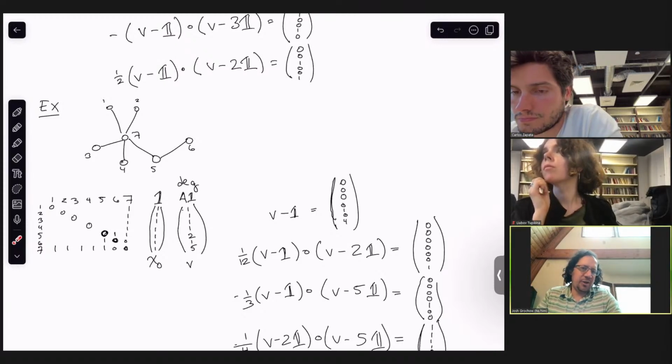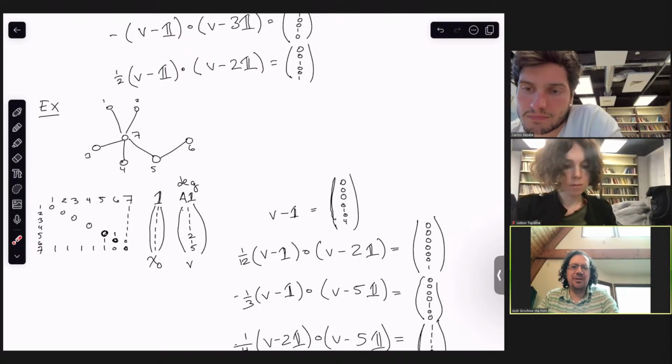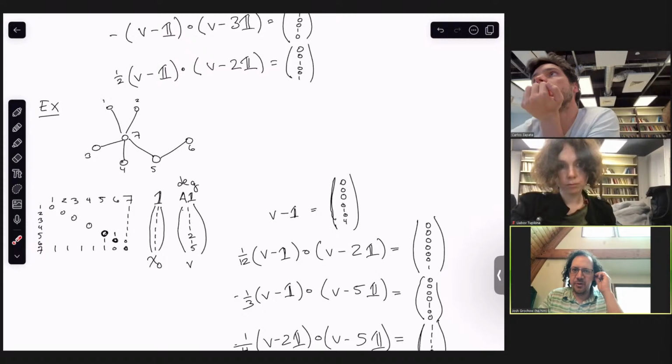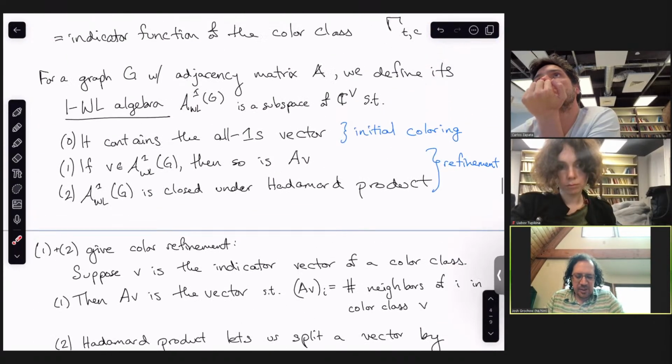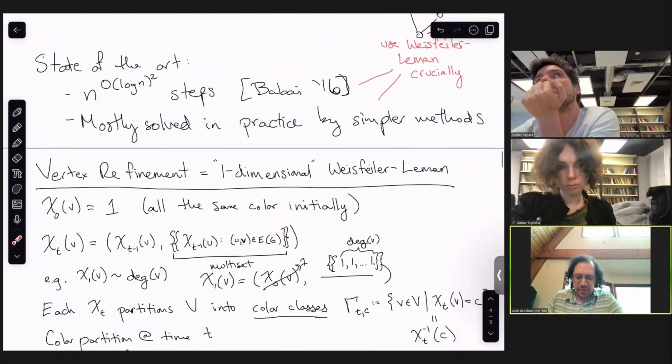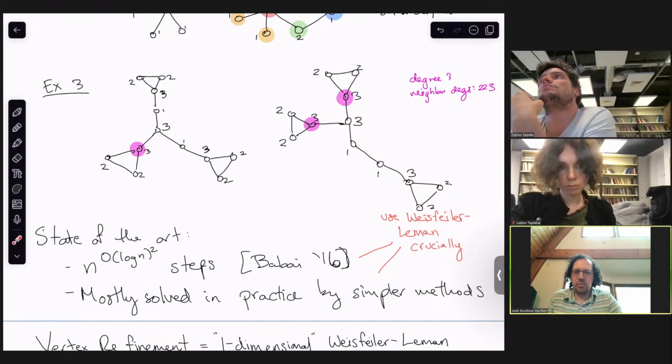That's as strong as possible, right? Once you get up to n-dimensional Weisfeiler-Leman, your initial coloring includes the isomorphism type of the graph by definition. So a ton of stuff is known. And the interesting thing is that even in spite of those known limitations, it still gets used as a subroutine in other algorithms for graph isomorphism all the time.